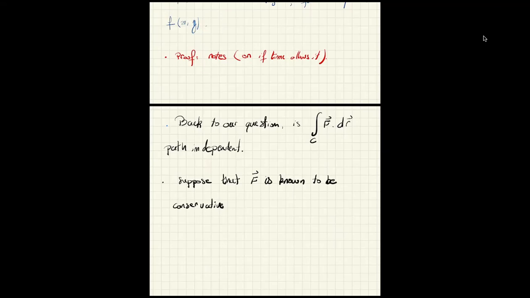So now we're going to try to answer a little bit less dramatic question, which is not only is it path independent, but is it conservative? Because if you can say that it's conservative, then yes, it's path independent. Okay, so suppose it's conservative. So F is the gradient of some function f.